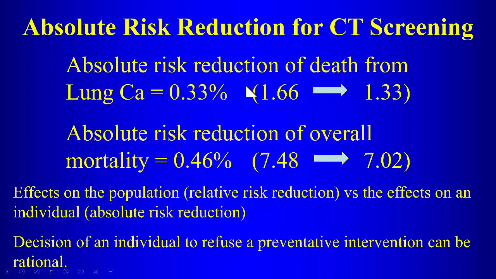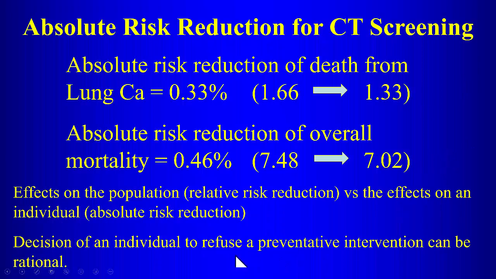The absolute risk reduction of death from lung cancer for patients who are screened goes down from 1.66% to 1.33%. And the reduction of overall mortality is also quite low. So there's a difference between the effect this would have on a large screening population, which would be substantial, versus the effect for any particular individual.